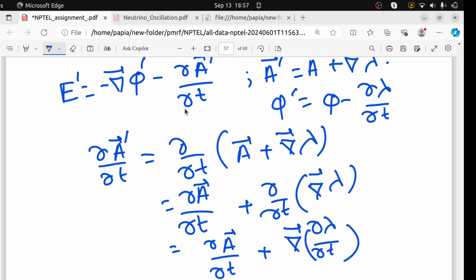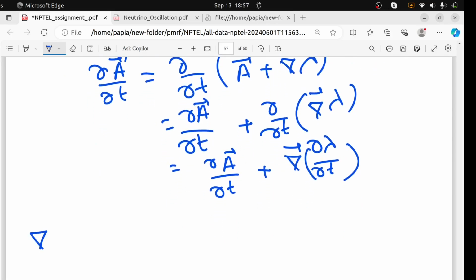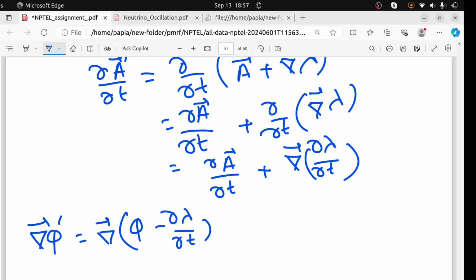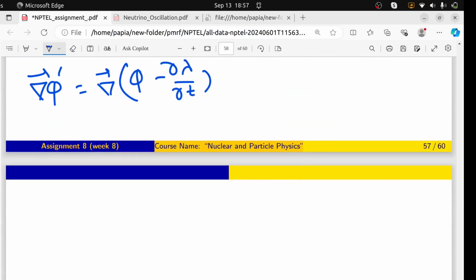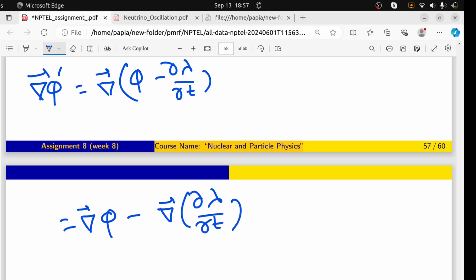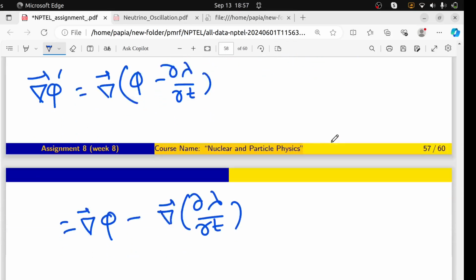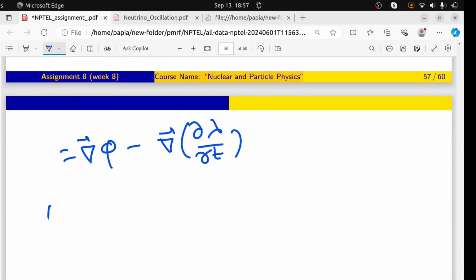Now coming to grad phi prime. Grad of phi prime, phi minus del lambda del T. You can see here this one I have just written. So if I write these things, then this is minus grad of del lambda del T. So E prime is minus this minus this.